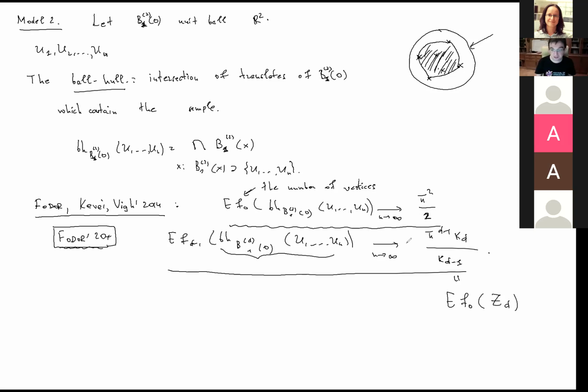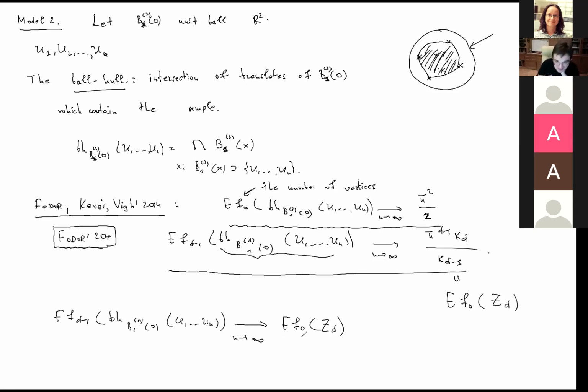Actually, this can be restated as a convergence of this form: f_{d-1} of this ball hull, but you will see in a moment a small difficulty. So this converges as n goes to infinity to the number of vertices of Z_d.